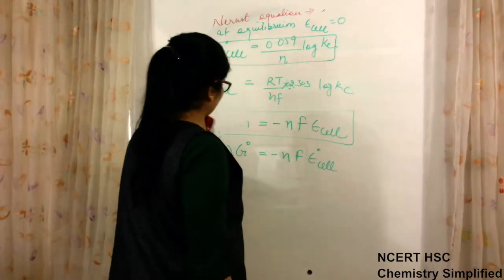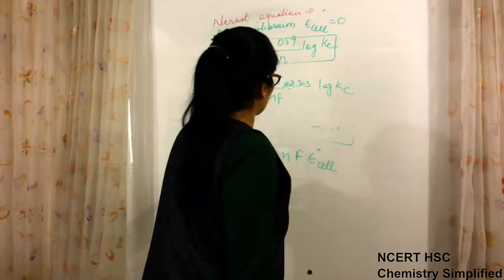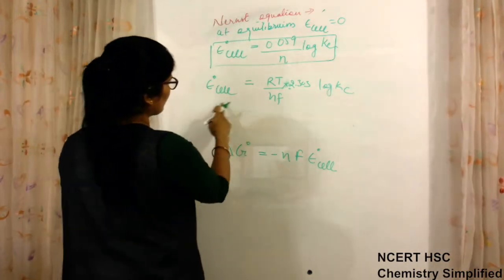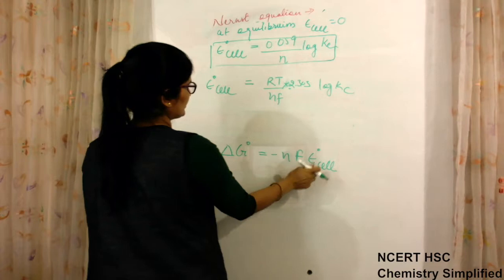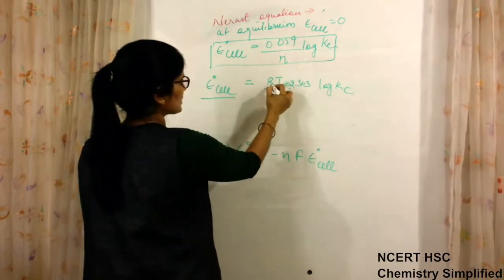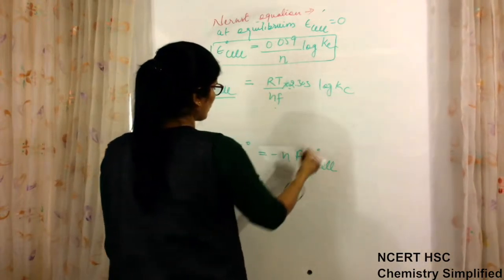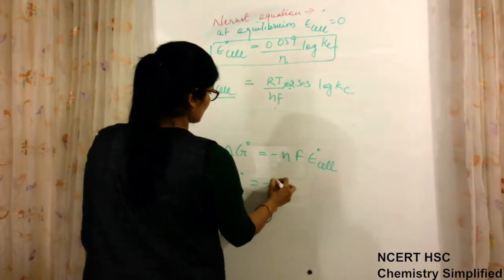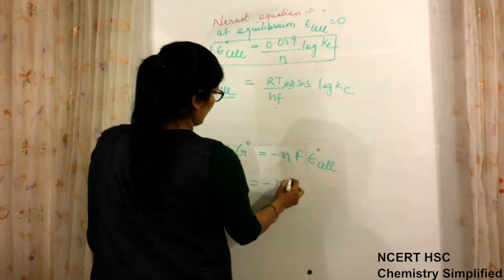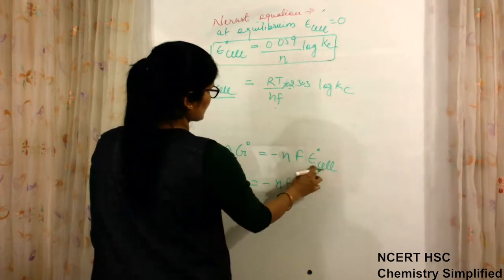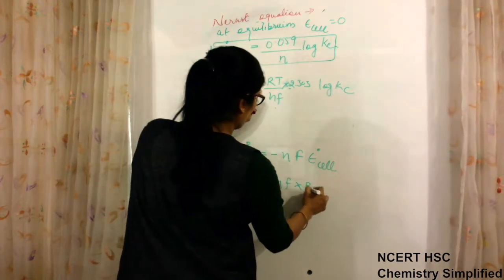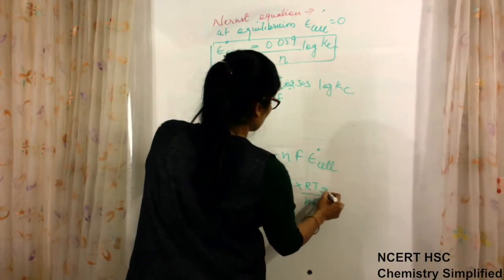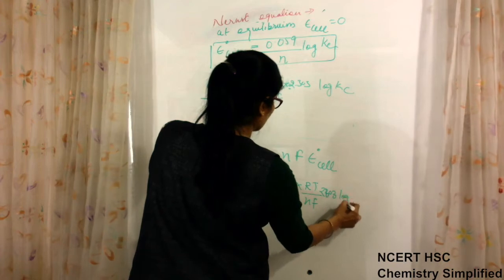Now from this equation, we can put the value of E standard cell here. From this, E standard cell is RT upon nF into 2.303 log Kc. So delta G naught is equal to minus nF, which is already there, times the E standard cell value, RT upon nF into 2.303 log Kc.